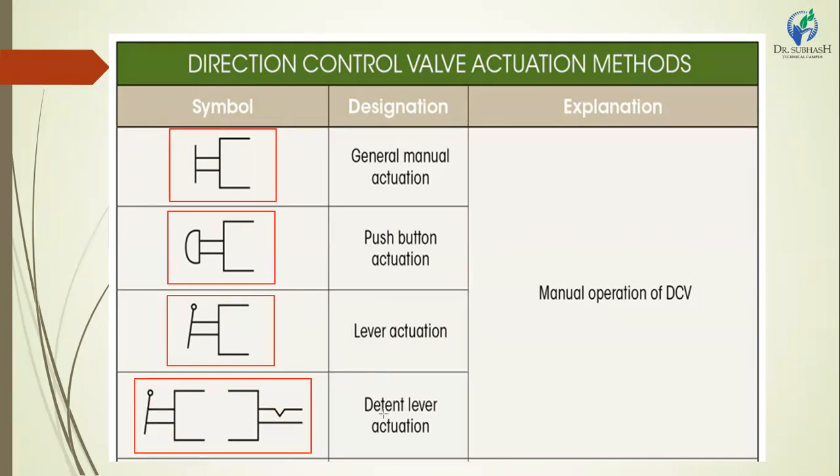It may be variable, so we can adjust the load condition of the direction control valve in manual operation. A detent lever may have step positions, so it is easy to operate the lever on a manually operated DCV.